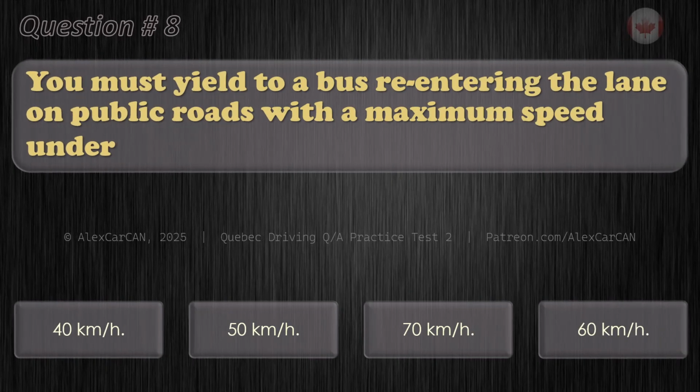Question number 8. You must yield to a bus re-entering the lane on public roads with a maximum speed under 40 km per hour, 50 km per hour, 70 km per hour, 60 km per hour. The correct answer is 70 kilometers per hour.